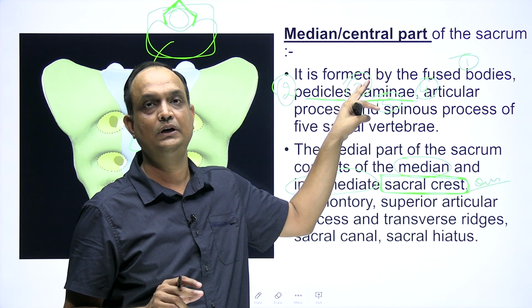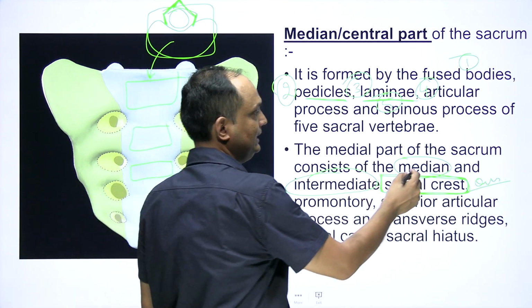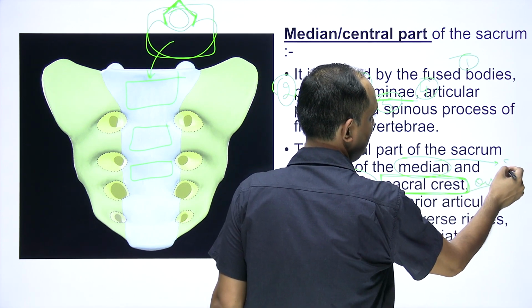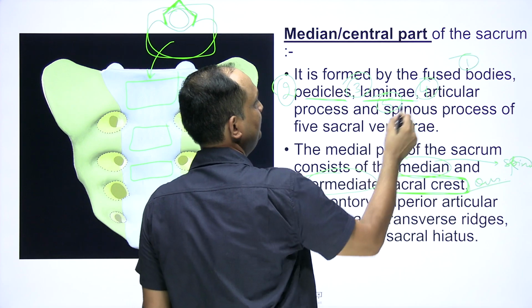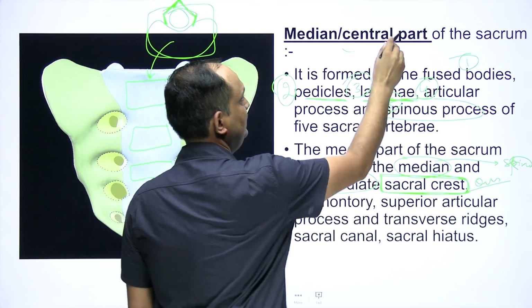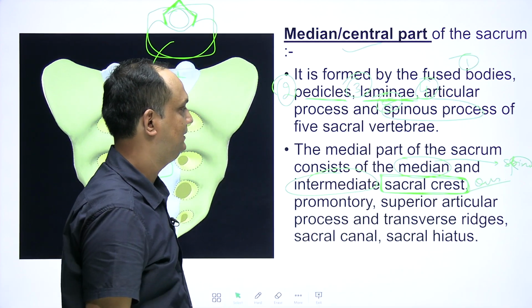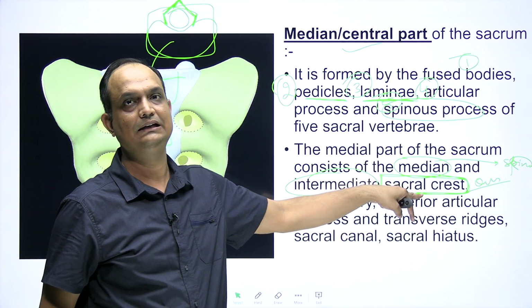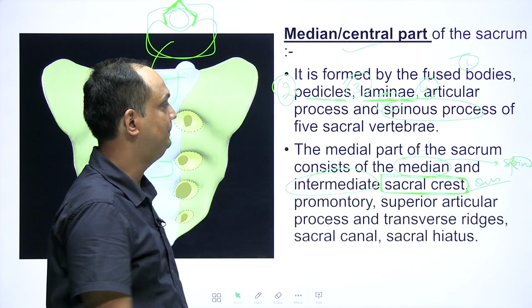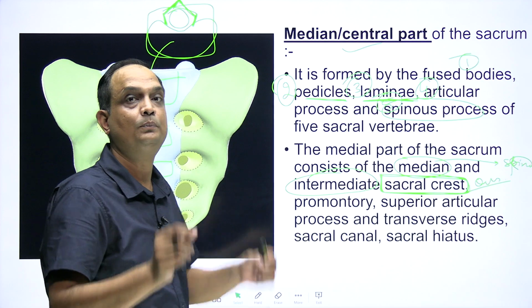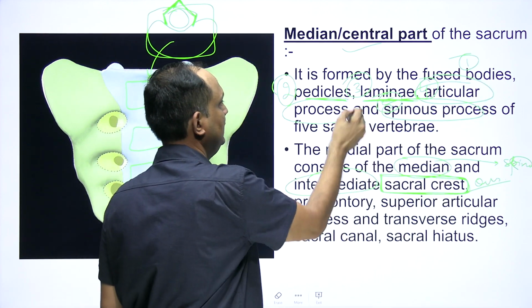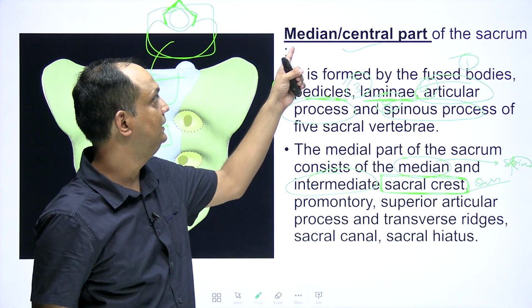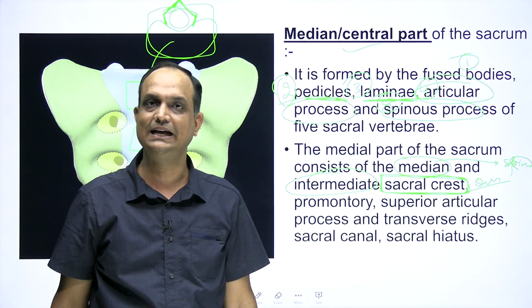Why median component? Because the median sacral crest represents the spine, and spinous processes are part of your central area. Along with that, the intermediate sacral crest is represented by the articular processes, and articular processes are again part of the median or central portion of the sacrum.